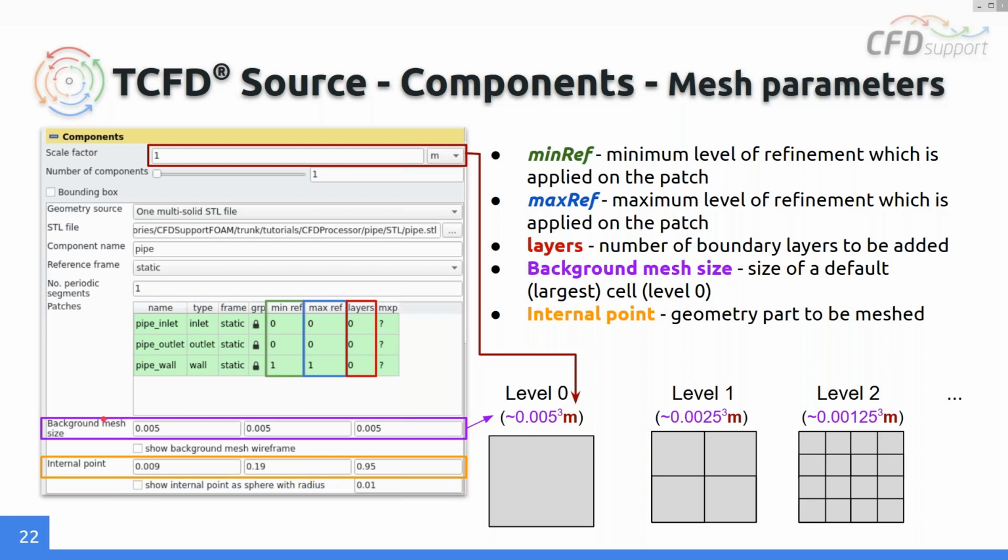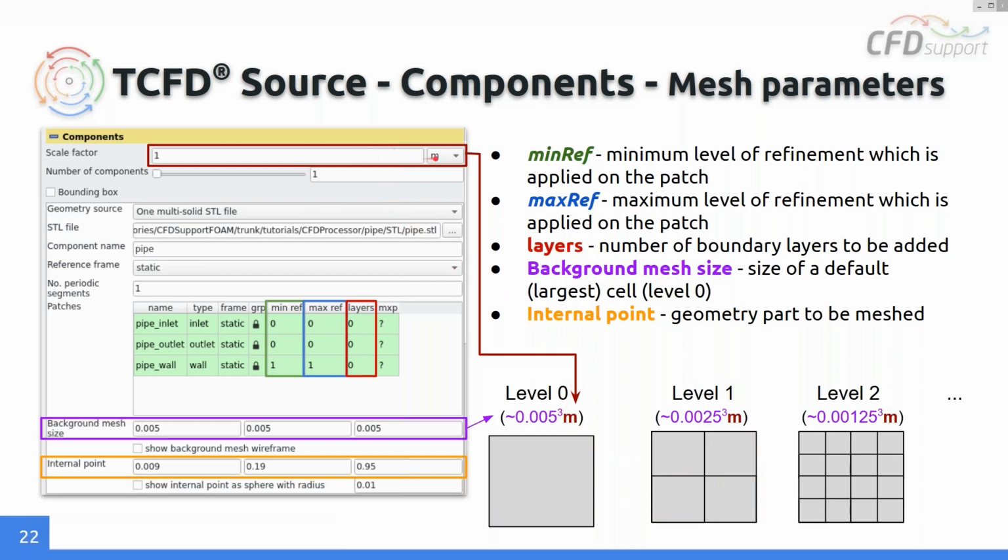So I can define the background mesh size, which corresponds to the largest cell in the mesh, and the levels just tell how many splittings will be done of your background mesh size. If my pipe wall intersects the background cell, it will be split just once, so to have cells at level 1 with half of the size.